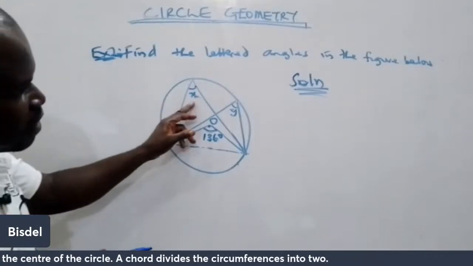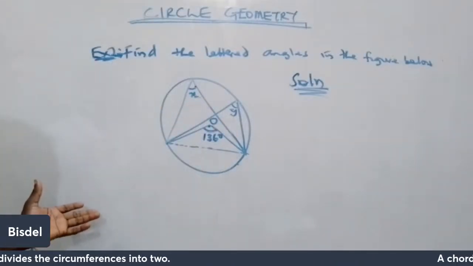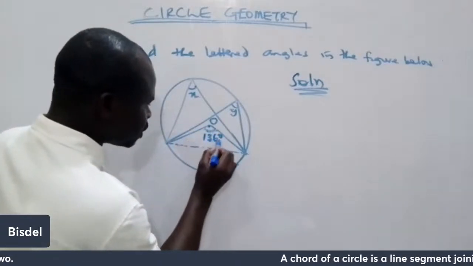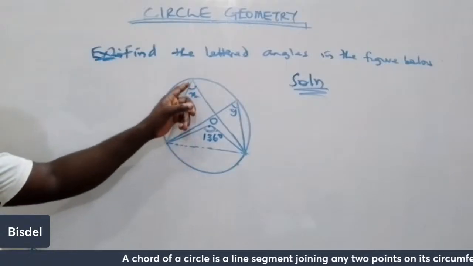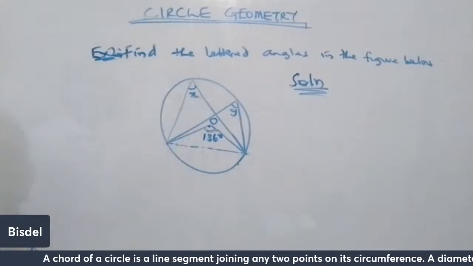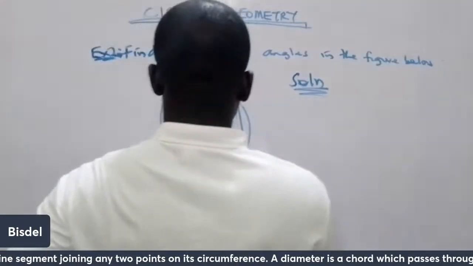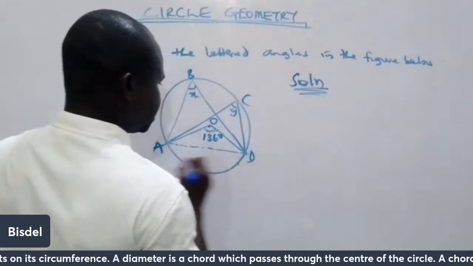So angles on the same segment are equal, X equals Y. But I don't know either of the two. But I know the angle at the center of this circle to be 136 degrees. If I know the center, I can find the angle at the circumference. Let's name the points A, B, C, then D.